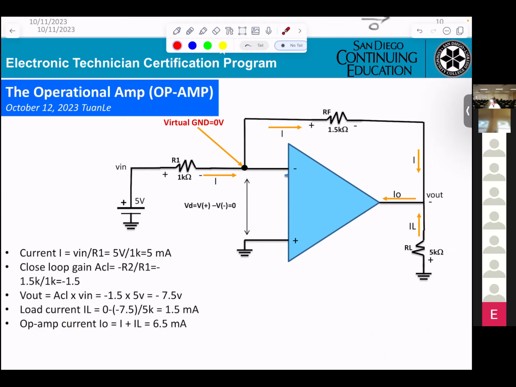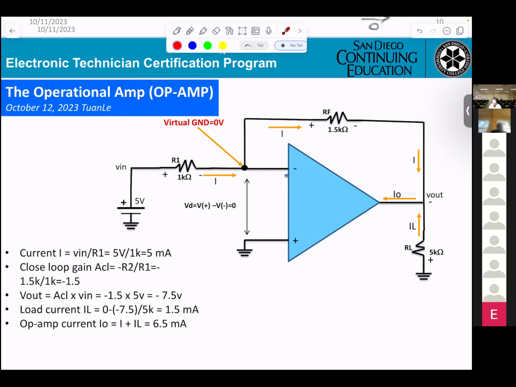Finally, if you want to calculate the current of the op-amp, adding up, that means you can get 6.5 milliamp. That's all the calculation for the inverting amplifier.